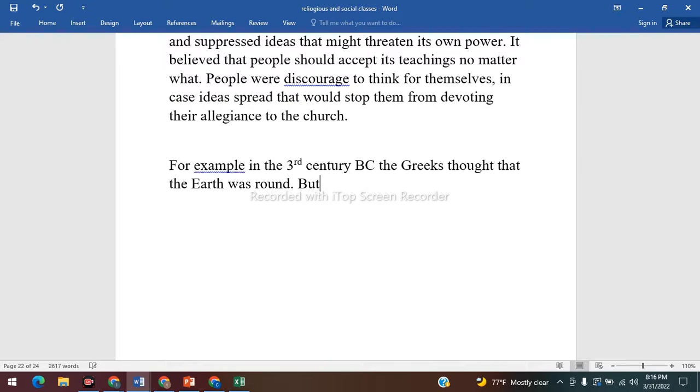But almost 12 centuries later, the church was influencing the production of maps of a flat world.